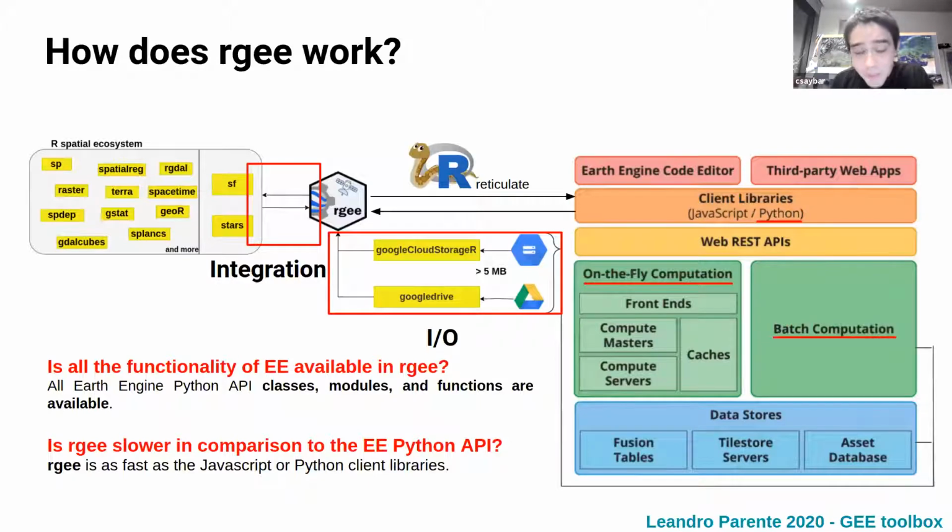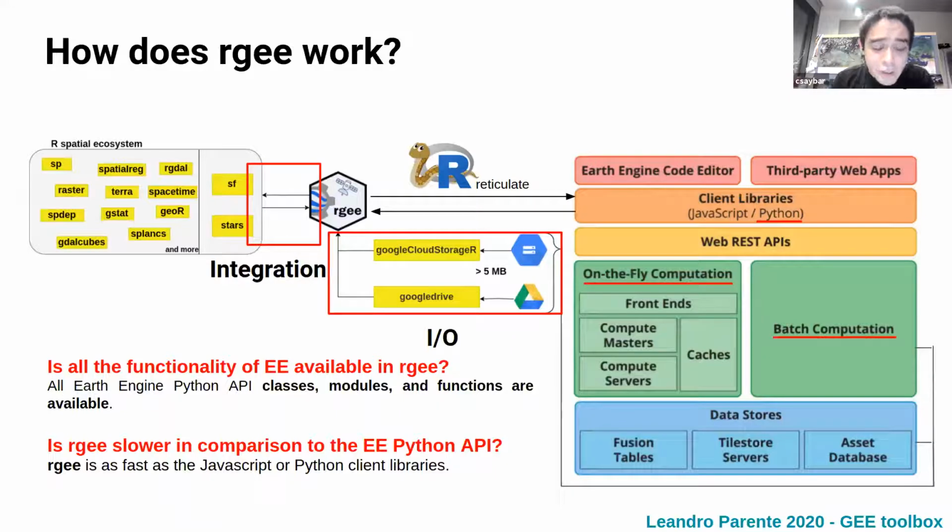So that is our principal work in rgee: making everything smoother between the local objects and the server objects. And we also worked a lot on the IO, trying to make even simpler the download and upload of images and vectors between R, the local environment, and Google Earth Engine, the server environment.